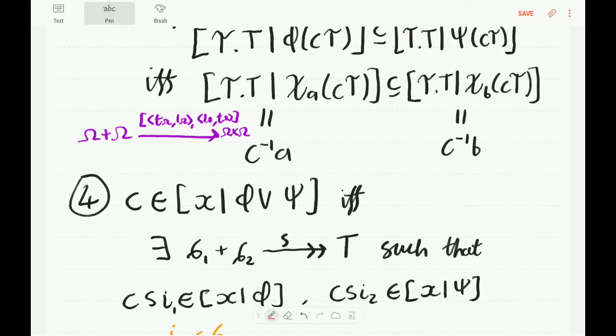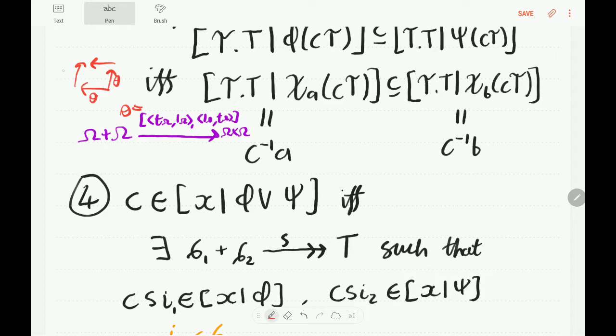Then you get these two arrows. So if we call this arrow theta, let's say, then if you draw this diagram, theta, theta, and you form the pushout of this. This is just how you do the epi-monic factorization.